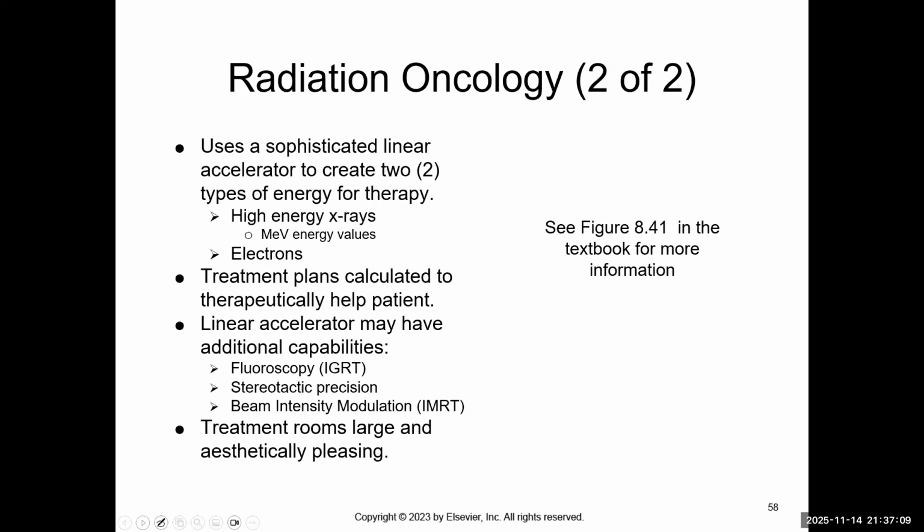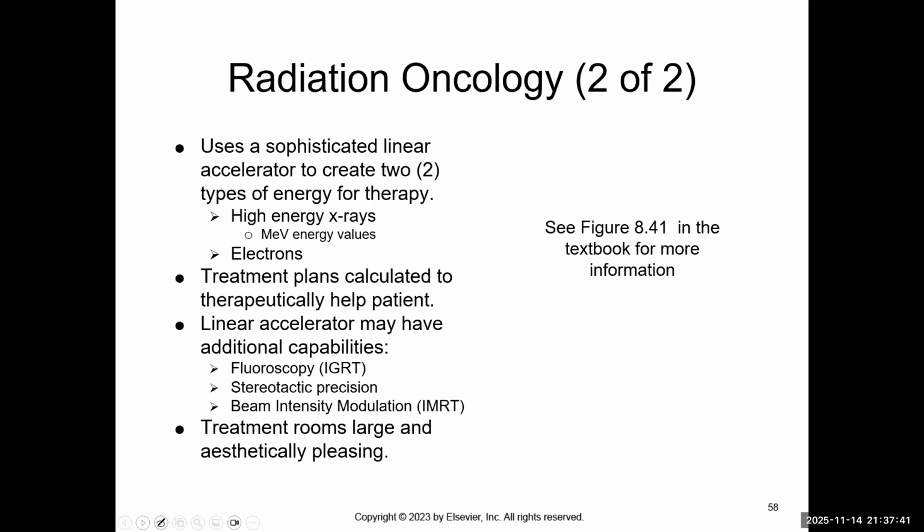All right, now in terms of the equipment that therapists use, they can use what we call the LINAC machine, or the linear accelerator. This is how they deliver that radiation to the actual area that they're interested in treating. The machines can give two types of energies.